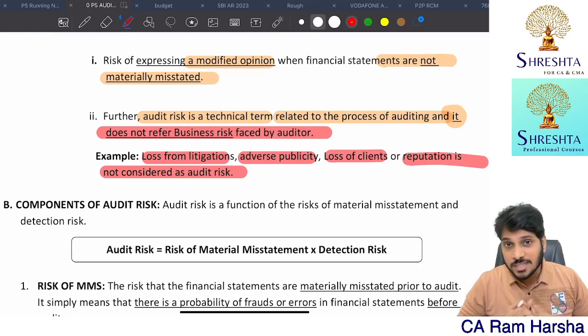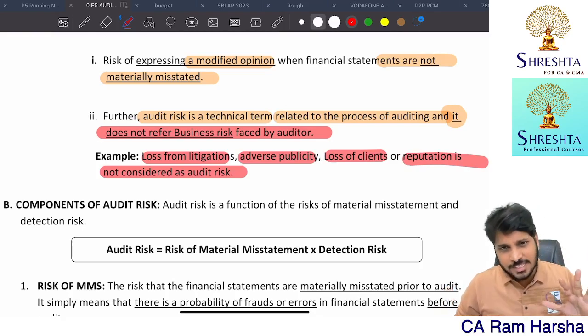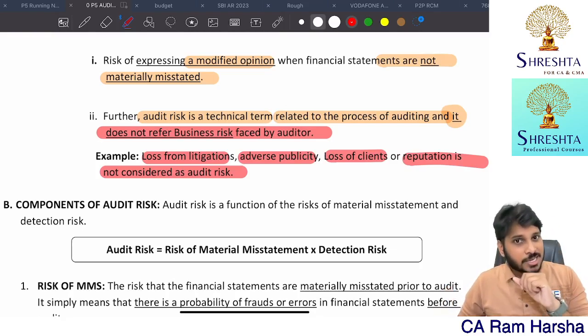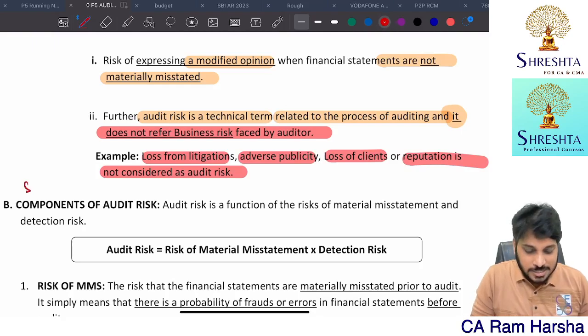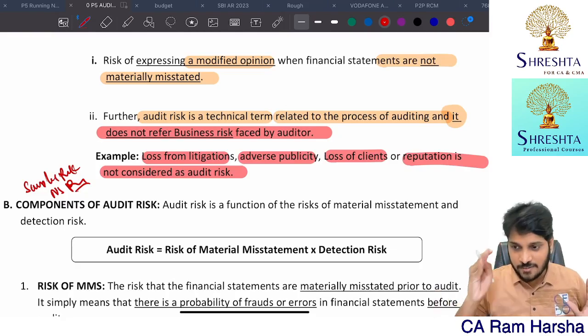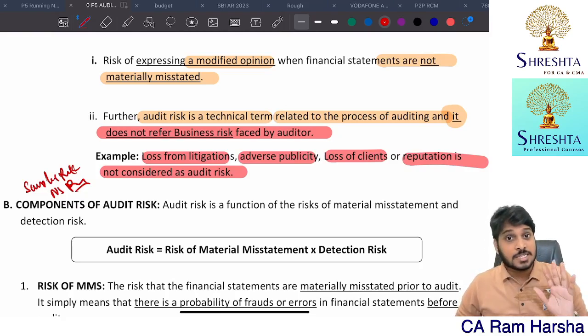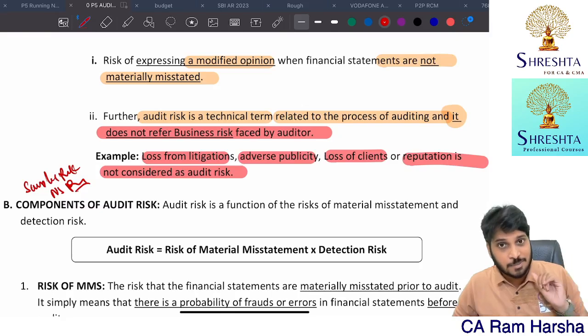Why audit risk arises? Like why audit risk comes, first of all, into the place. By this time, you might have understood why audit risk arises. One of the reasons why audit risk arises is sampling risk. Other risks are called non-sampling risk. Why are we giving an inappropriate opinion when the financials are materially misstated? There are many reasons. One reason is sampling risk. It's because of the way we are selecting the sample.